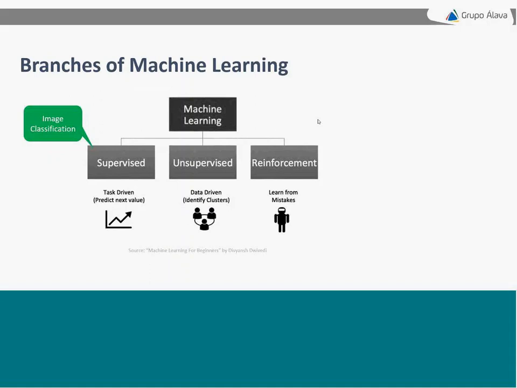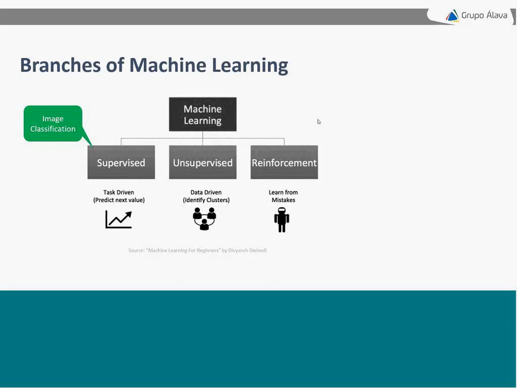The branches of machine learning, we can differentiate three. One is supervised, and image classification is what uses it. Image classification uses labeling, labeling every image to discriminate, but this part is very tedious because we need a label for every image.